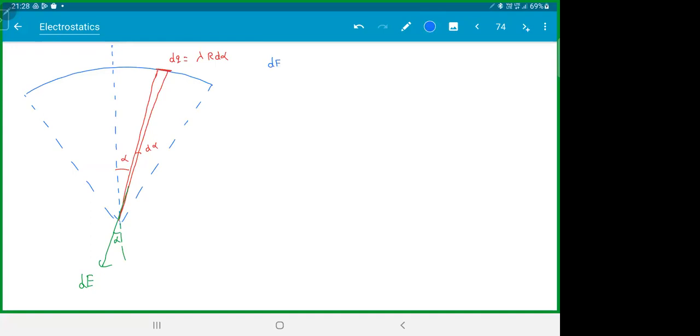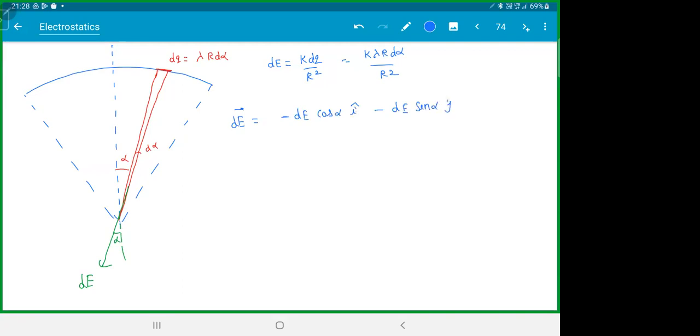So dE will be k dq by r square, point charge. So k lambda r d alpha by r square. So when you divide into vector components, this will be minus dE cos alpha i cap minus dE sin alpha j cap.